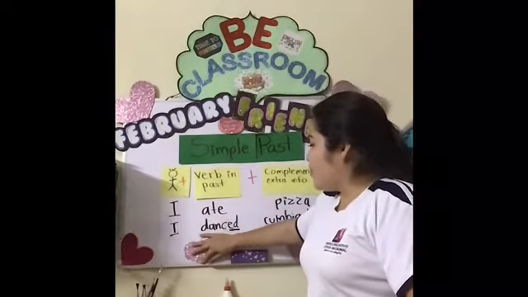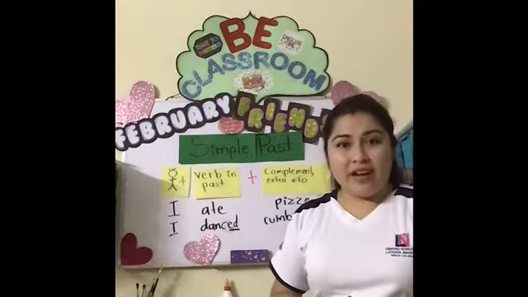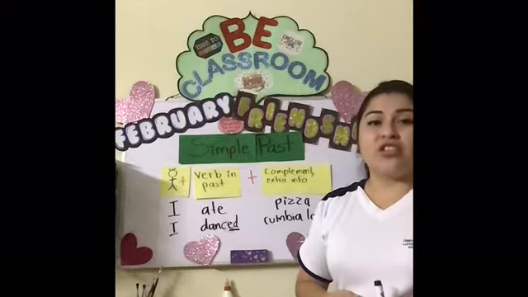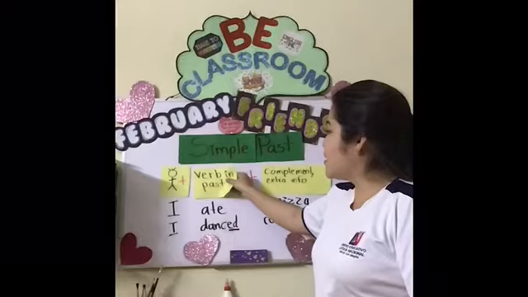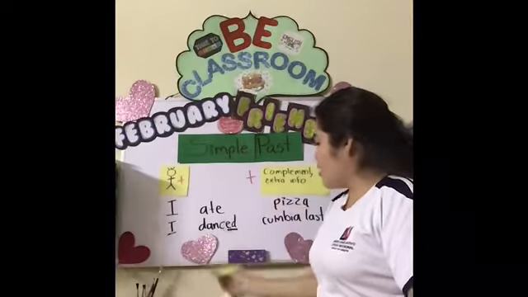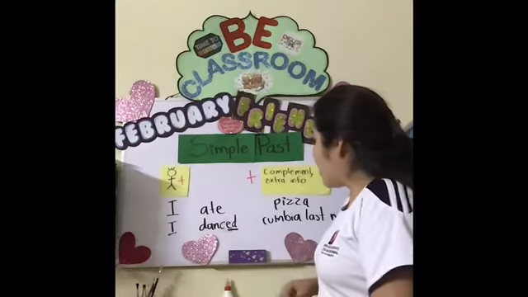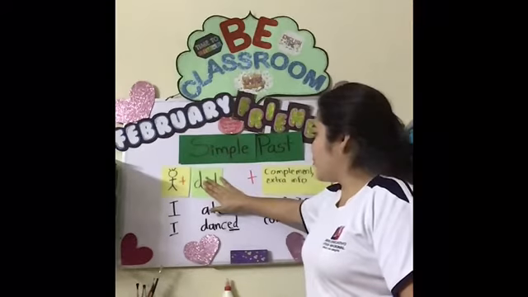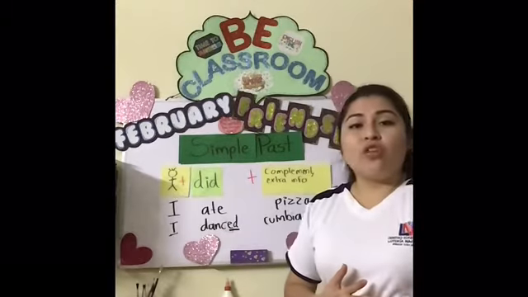What happens if we want to change an affirmative sentence into a negative sentence? For this, we need to make some change in our sentence. The first change is that we don't use the verb in past. No. In this case, we are going to change this because we need to add our auxiliary verb, in this case, did, and the word not.